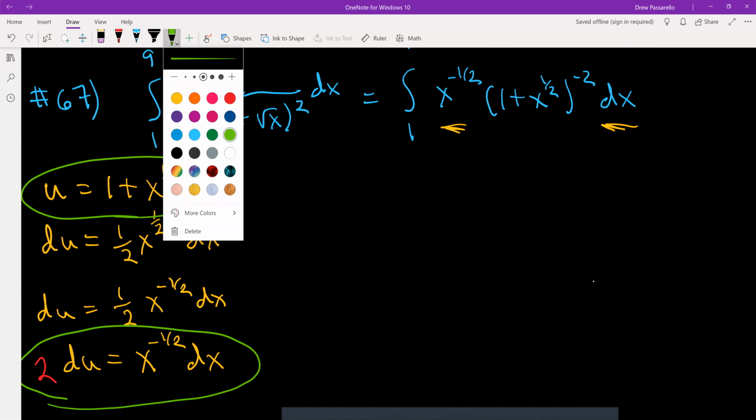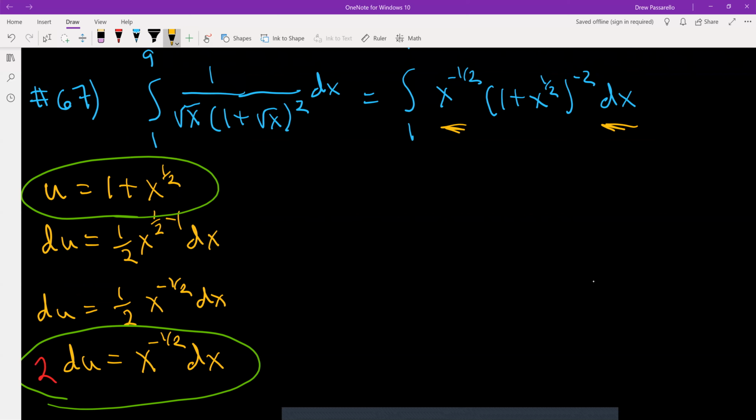So I need to change my limits. The first one is 1. So if x is 1, that means u is equal to 1 plus 1 to the 1/2. Well, 1 to the 1/2 is the square root of 1, so you could just write it as 1 plus the square root of 1. All right, so that's 2.